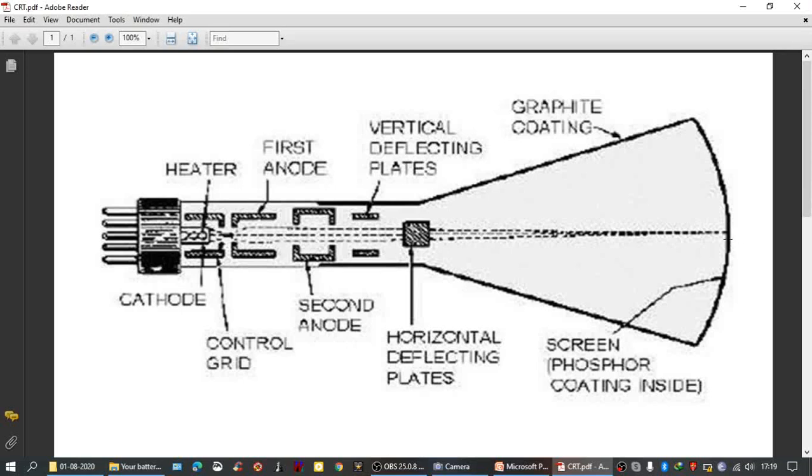Now, after hitting the surface of the CRT screen, that is the phosphor coating, and after imparting the electrical or kinetic energy to the phosphor material, the electrons will lose energy and they will bounce back.